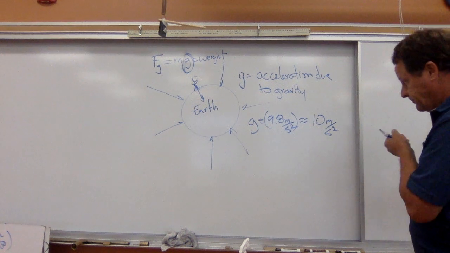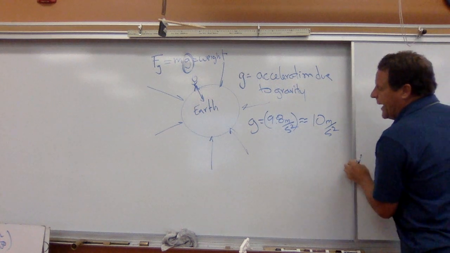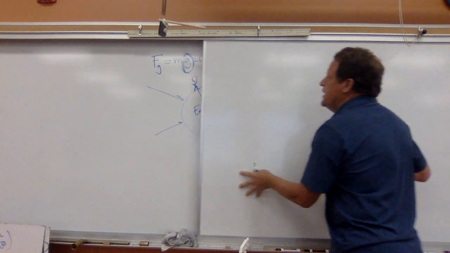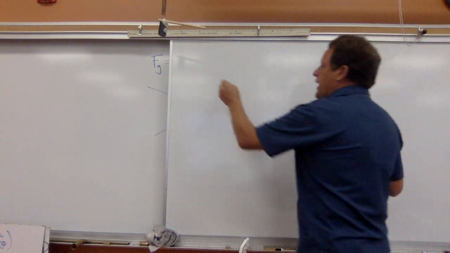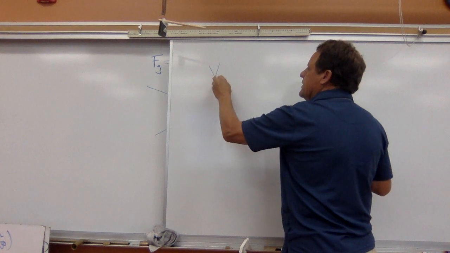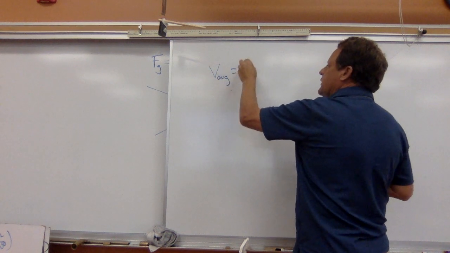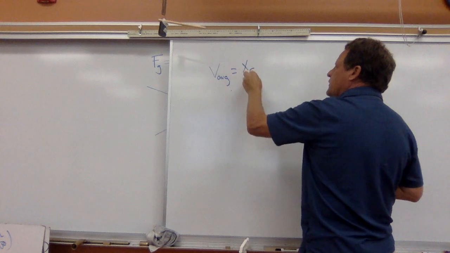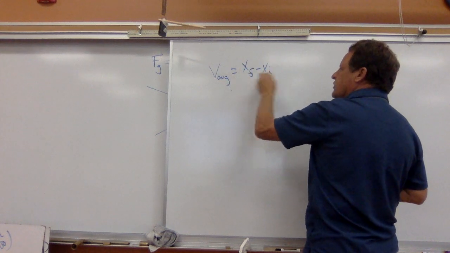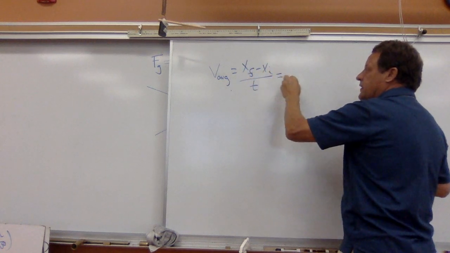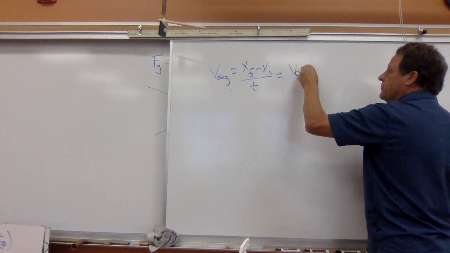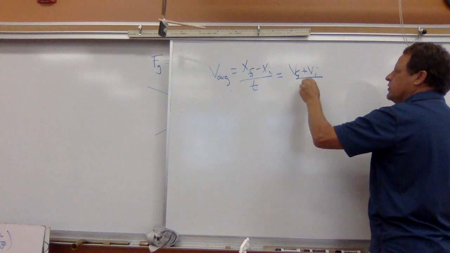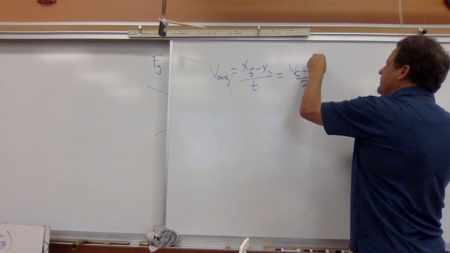Okay, so we're going to talk about the equations that I gave you before. The average velocity, you may remember, is x final minus x initial divided by time. That was also equal to velocity final plus velocity initial divided by 2.